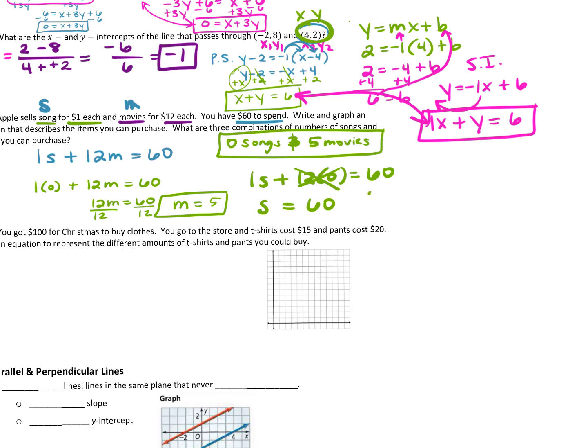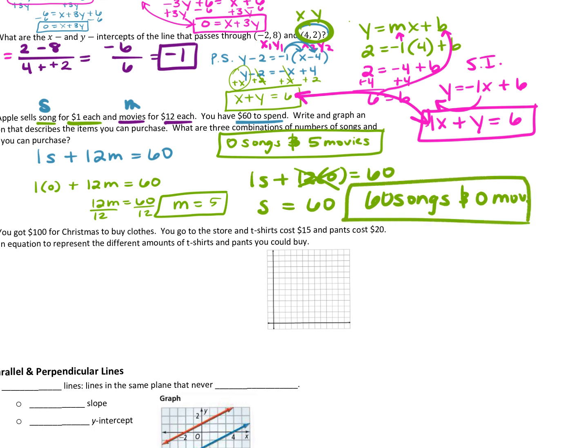So you could buy 60 songs and 0 movies. That would be another combination, okay? I'm not even gonna make you graph this right now. They want you to graph it, but I'm not gonna do that because I feel like we're pretty done. But that would be 2 combinations.